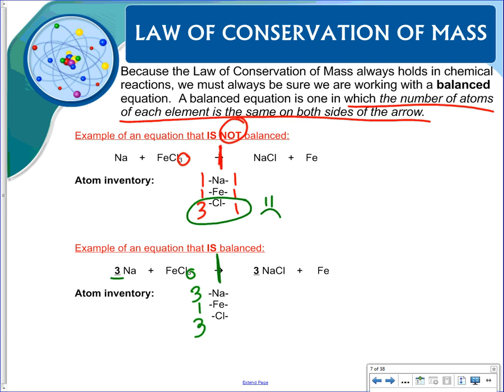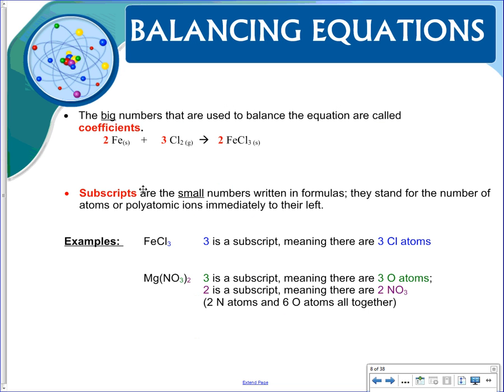On the product side, I have 3 sodiums and 3 chlorines. Remember that a coefficient is going to apply to both elements or all elements in the compound. So 3 sodiums, 3 chlorines, and just 1 iron. So because they are the same on both sides, this is a very good thing. We have a balanced chemical reaction.